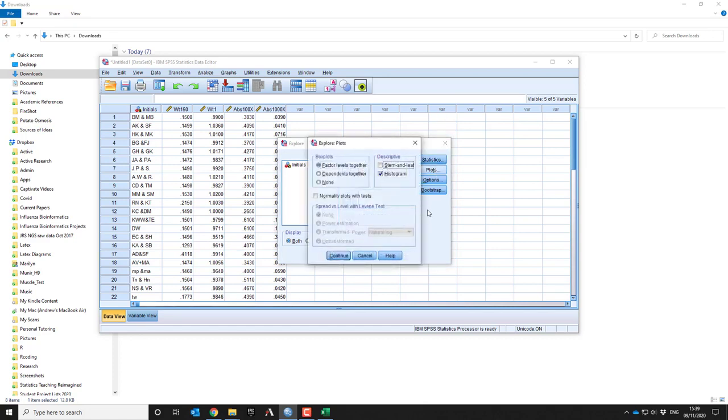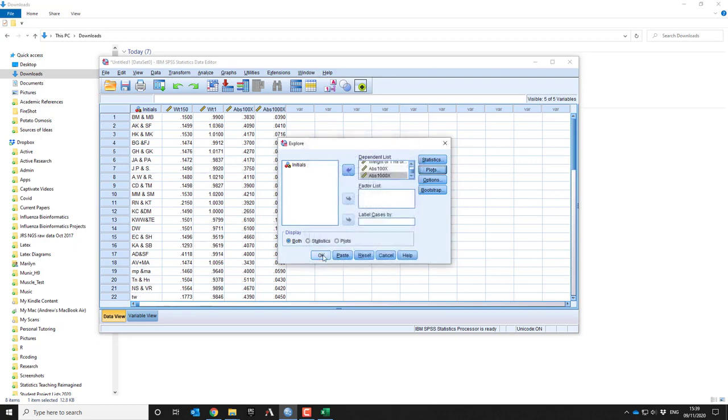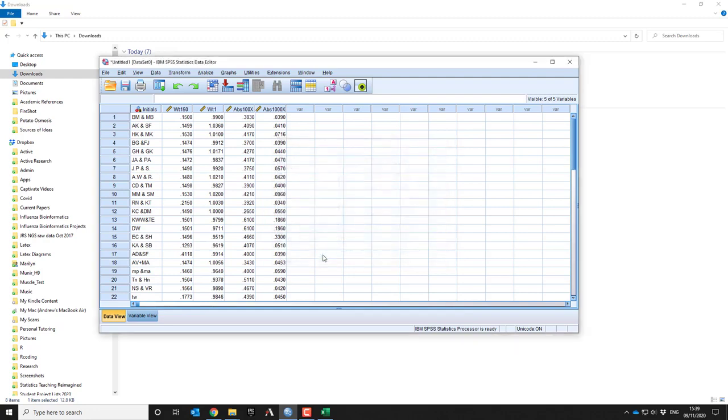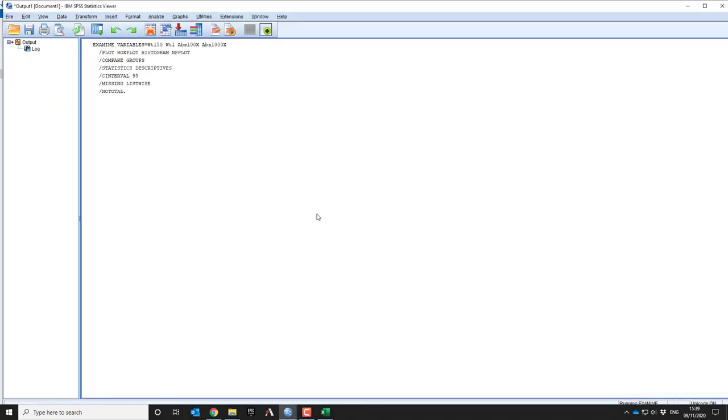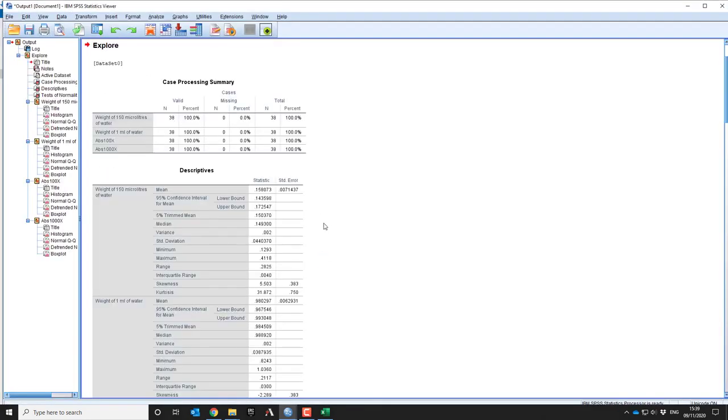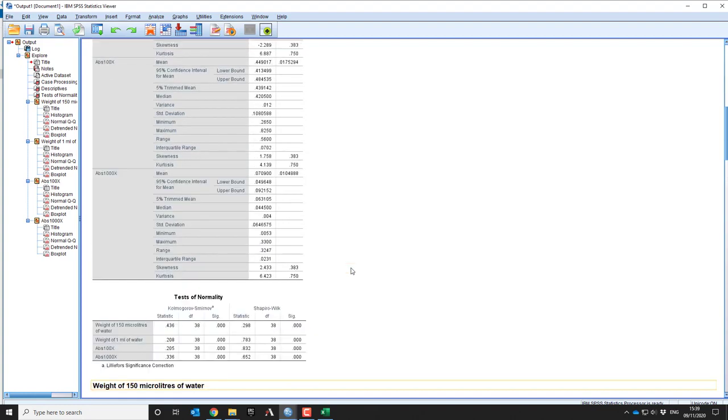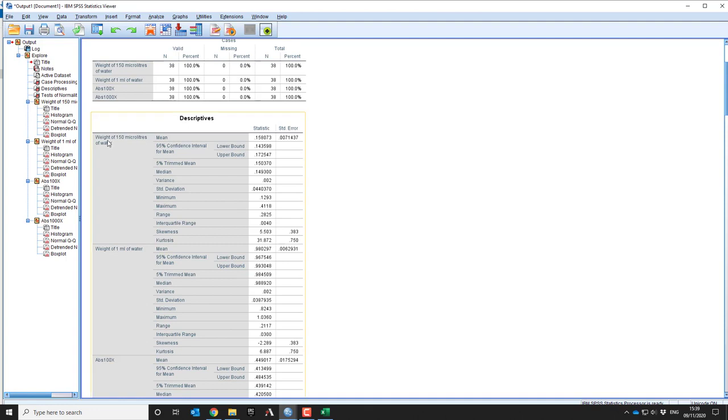Plots, I want to do my histograms. I can also look at some normality tests to see if the data is normally distributed, and then go OK. This is going to give me a lot of output, which we need to then go through fairly slowly. So let's start at the top.